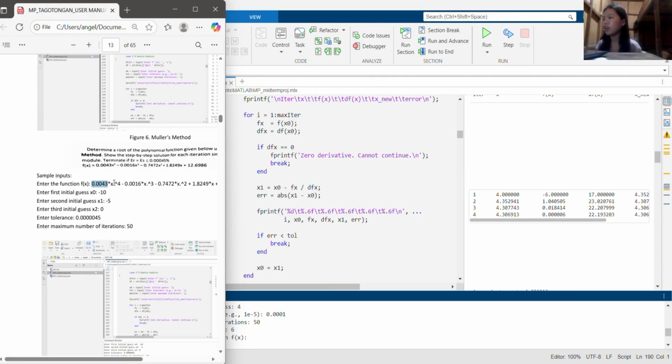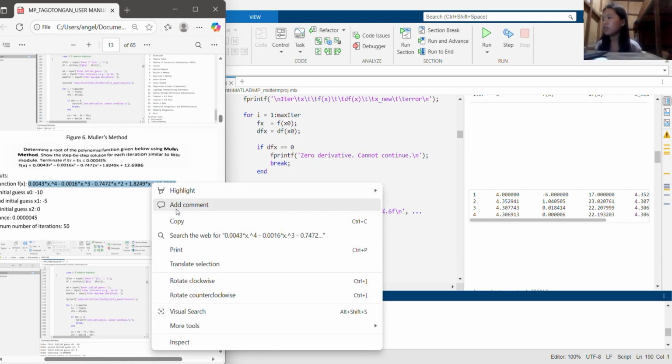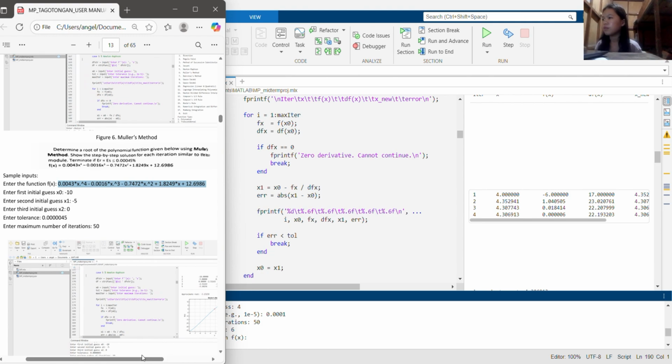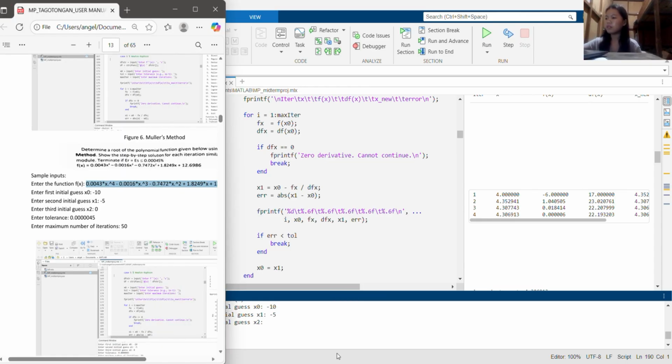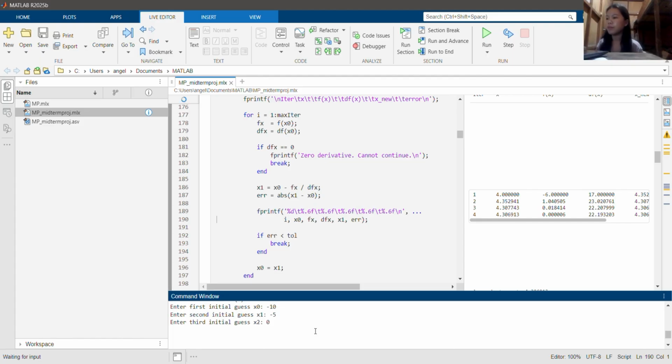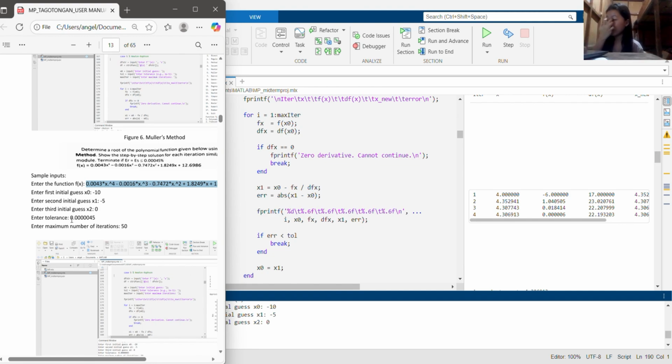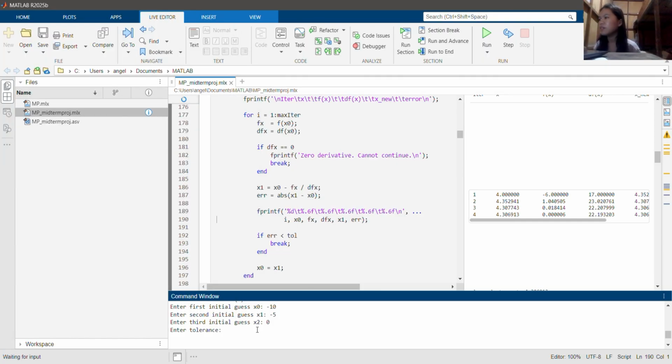And then we're going to enter our function, and then initial guess, which is -10, second initial guess, which is -5, third initial guess, which is 0, and our tolerance, which is 0.0000045.